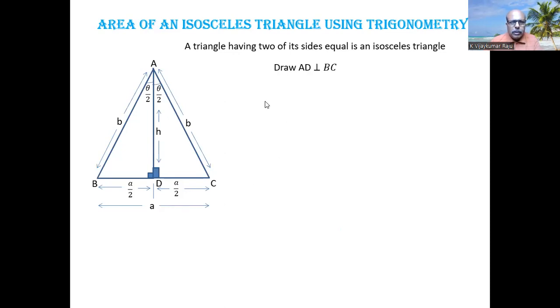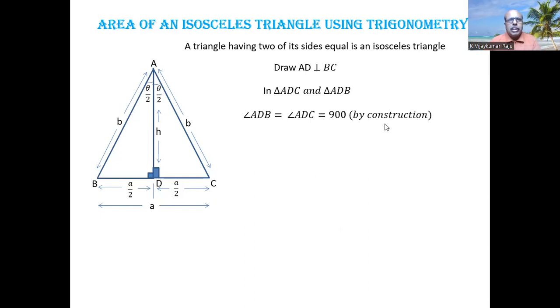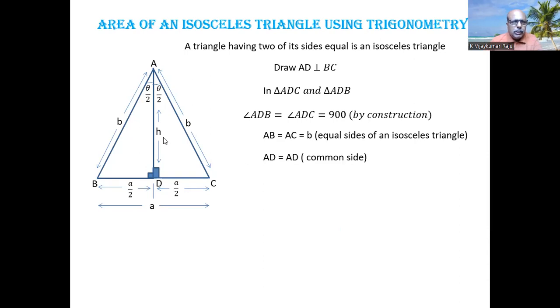When you draw AD perpendicular to BC, in these two triangles, angle ADB is equal to ADC is equal to 90 degrees, because we have drawn them perpendicular. And AB is equal to AC is equal to B. These two sides are equal to B. Okay. And AD is common.